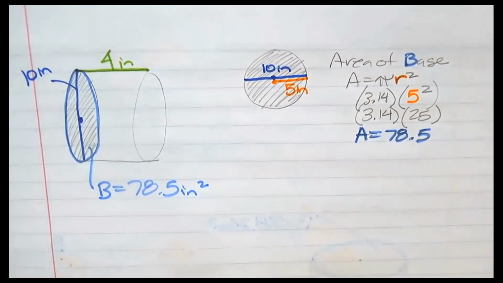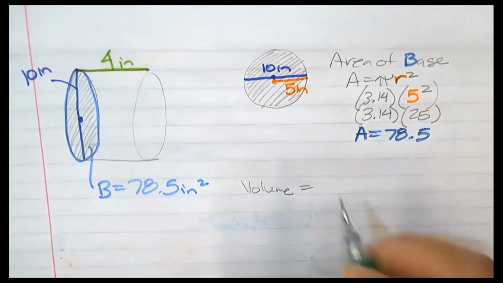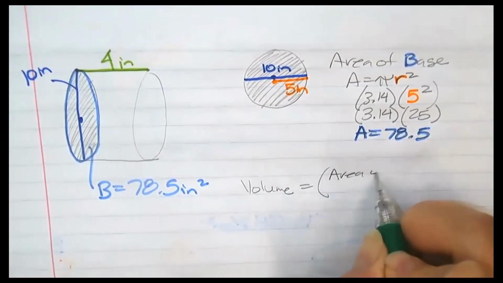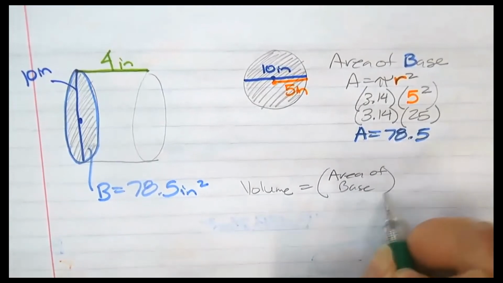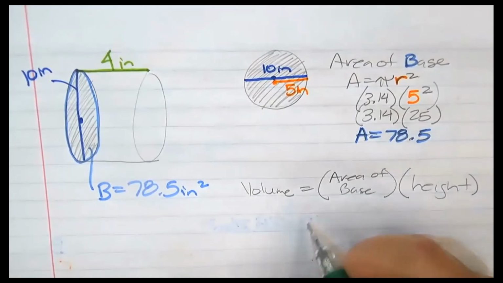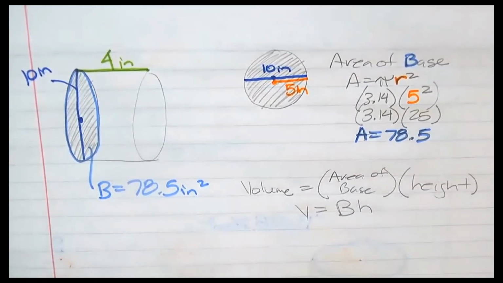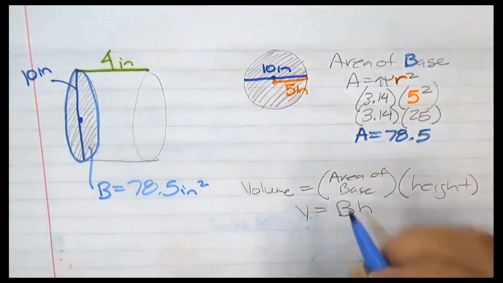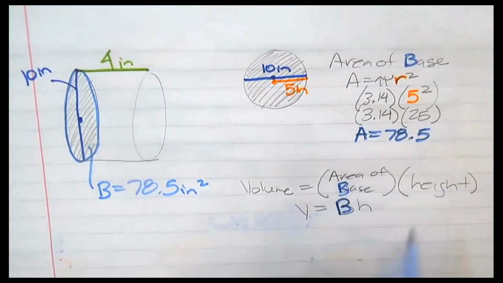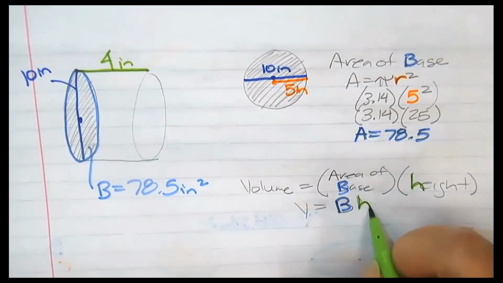Now we can find the volume. The volume is equal to the area of the base times the height of the cylinder. So the volume is equal to the base times the height.